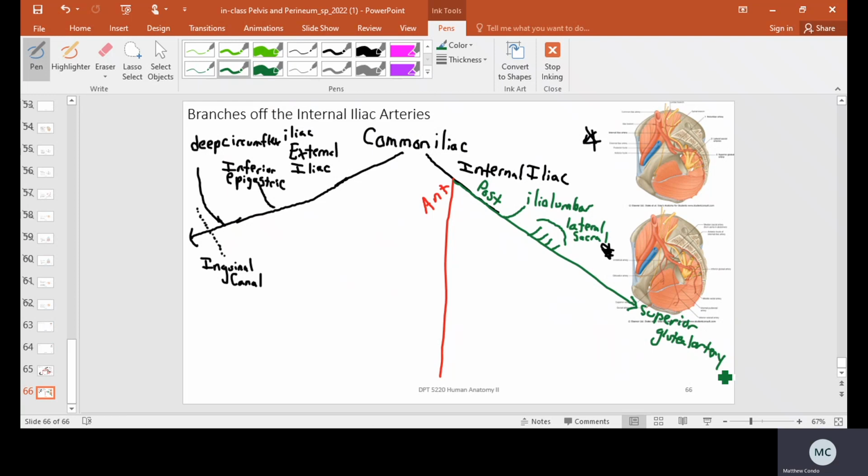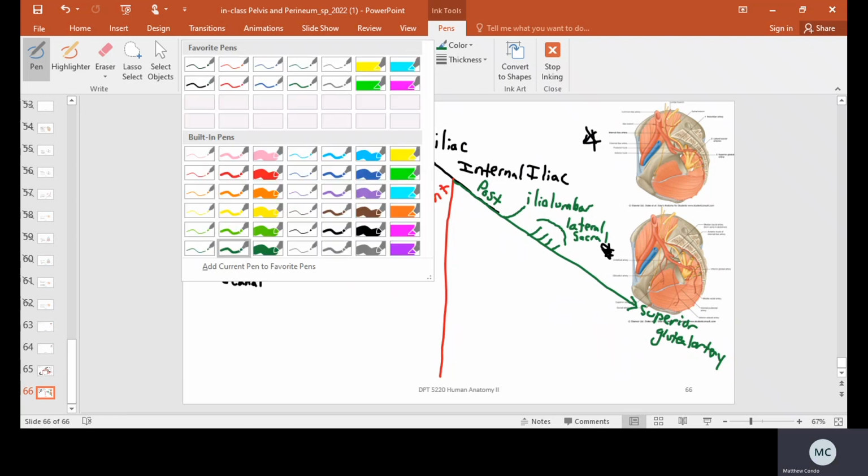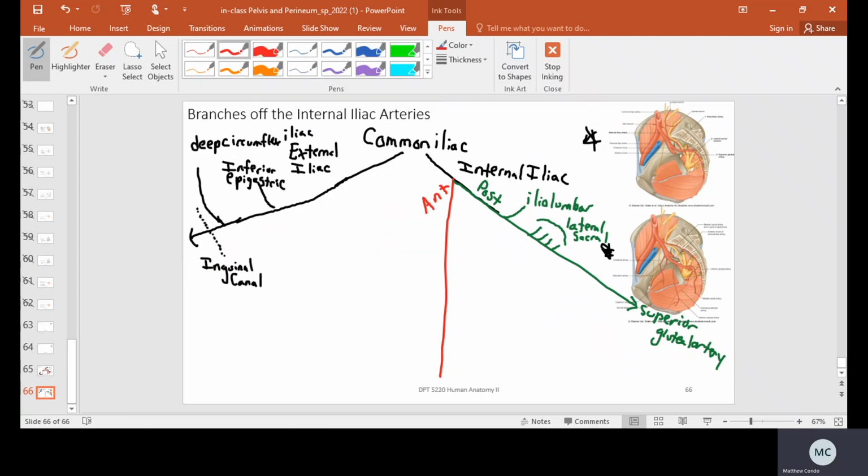Now the anterior division, I'm just going to warn you, that's where all the action is. The anterior division is going to give off a whole bunch of arteries. It's going to give off something called my umbilical artery.